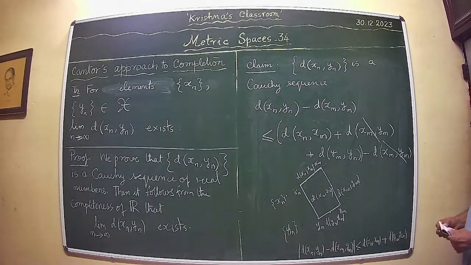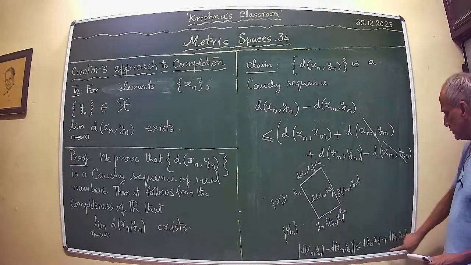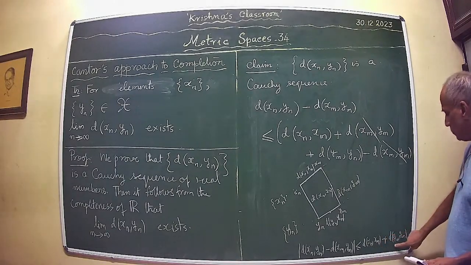Then we use the fact that xn is a Cauchy sequence, yn is a Cauchy sequence.